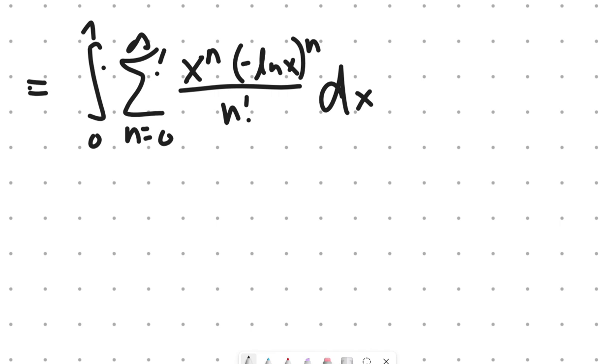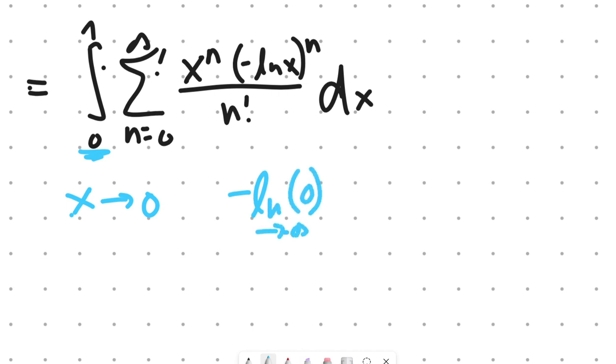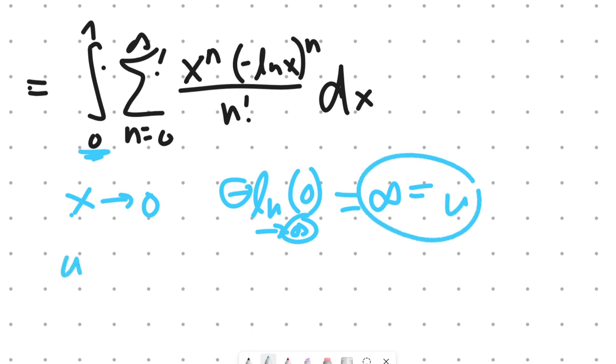Now, we have substituted already, and before we substitute, we have to take the boundaries of the integral. So if x is going to 0, which is this bound here, then ln of 0 will go to negative infinity, but the negative infinity and the negative will become infinity, so u will approach infinity.